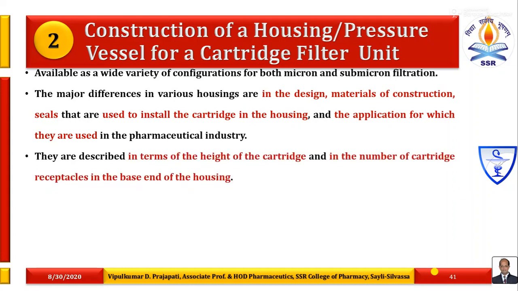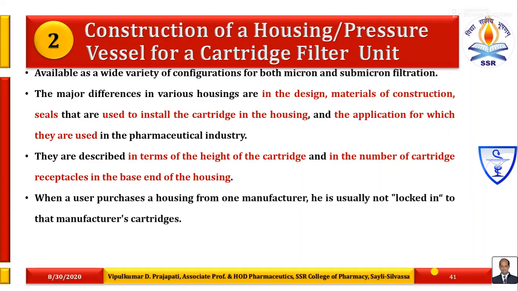The housings are described in terms of the height of the cartridge and the number of cartridge receptacles in the base end of the housing. When a user purchases a housing from one manufacturer, he is usually not locked in to that manufacturer's cartridges.